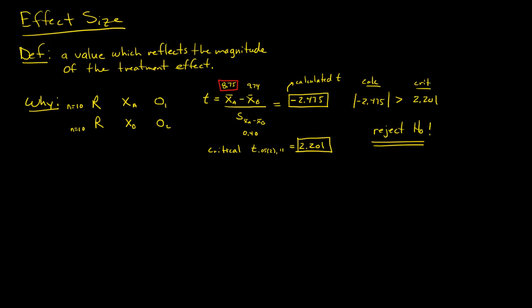Let me be clear: the null we were testing against was that the mean of group A minus the mean of group B is equal to 0.